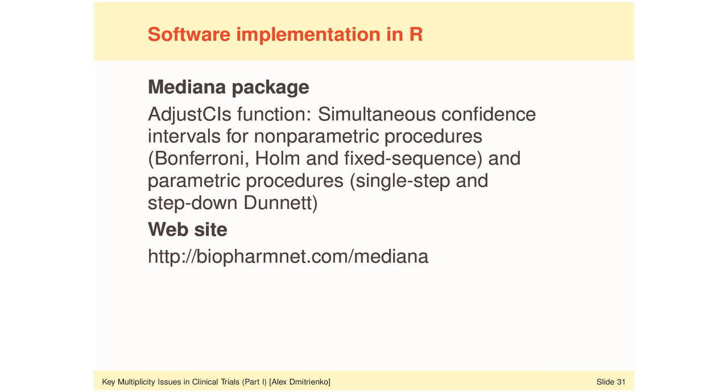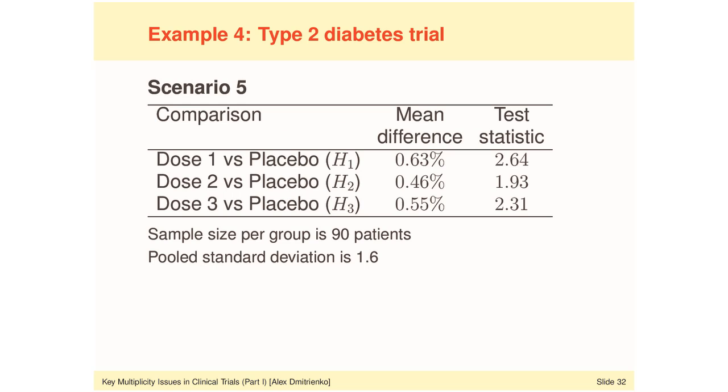Just like the SAS macros on slide 30, this function focuses on one-sided simultaneous confidence intervals that we have discussed earlier in this module. We're going to consider the following set of the test statistics and estimated parameters of interest that represent, in this case, the mean treatment differences for 3 dose placebo comparisons in example 4 in the type 2 diabetes trial. The sample size per group is going to be assumed to be 90 patients, and the pooled standard deviation is assumed to be 1.6.